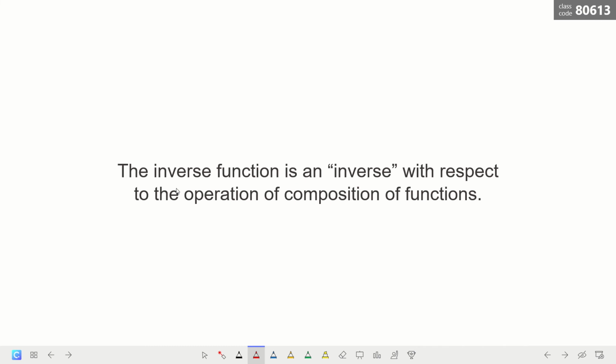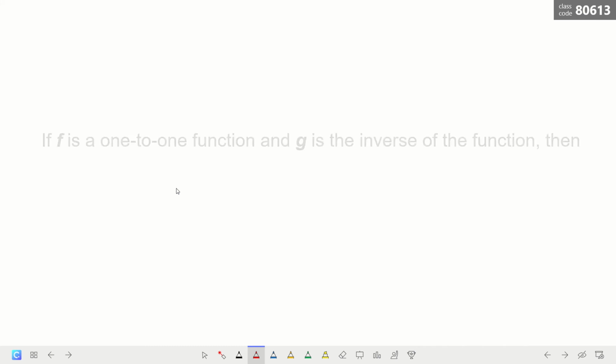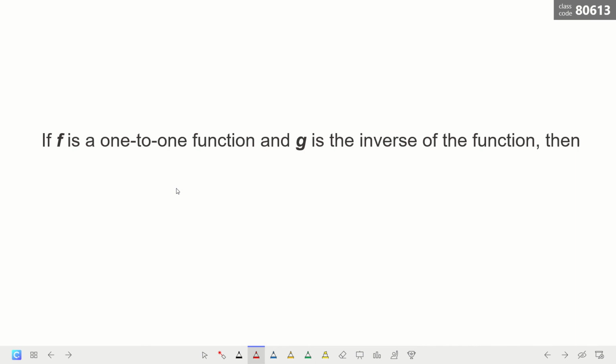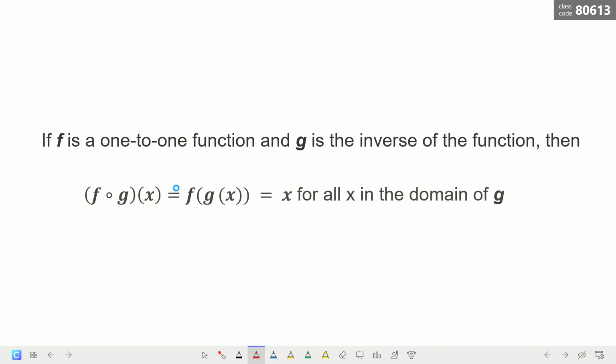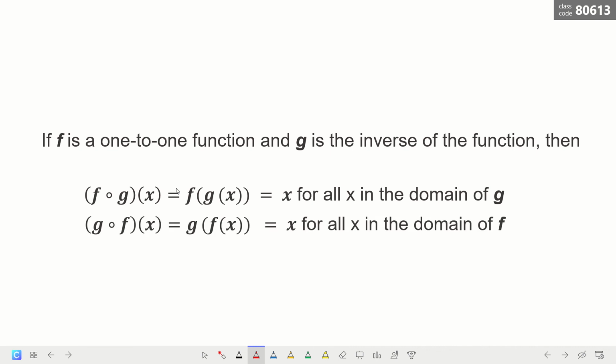So, kung nalilito pa rin kayo, review the operation on function, composition. So, if f is a 1-to-1 function and g is the inverse of the function f, then the following must be true. When we solve for f composed of g of x, dapat ang sagot niya is x for all x in the domain of g.